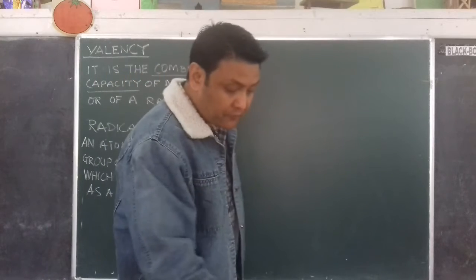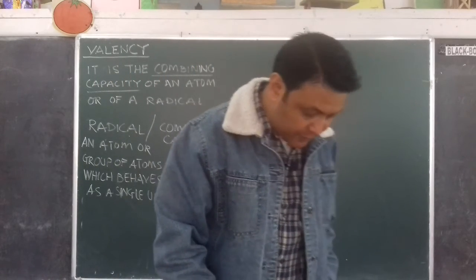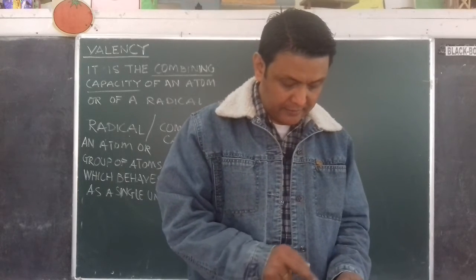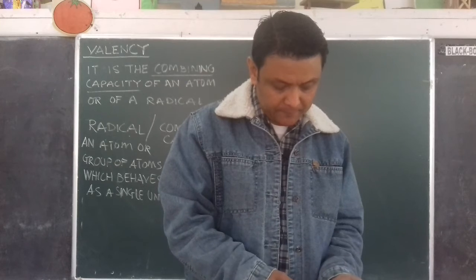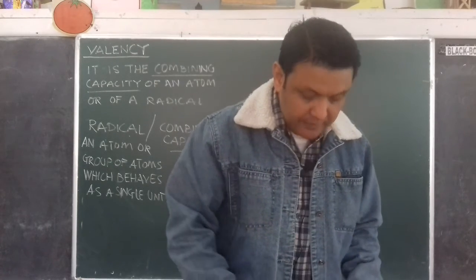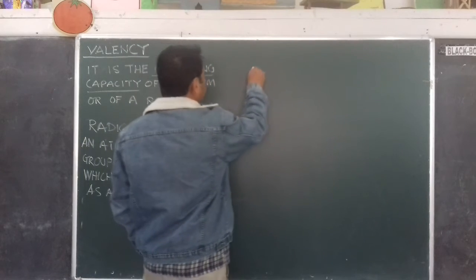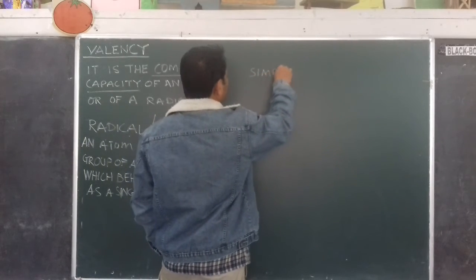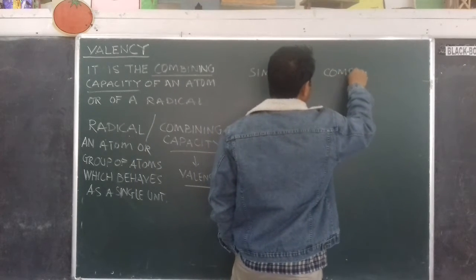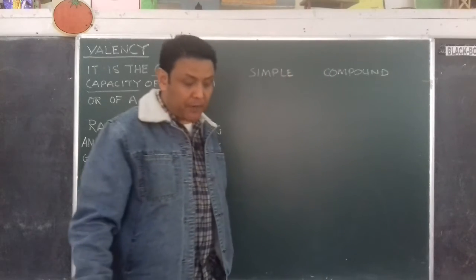Now we come to the next term: two different types of radicals. One is the simple radical, and the other is the compound radical.